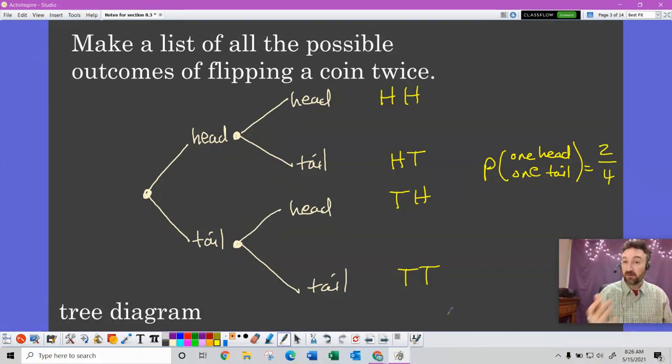What all that means is that if you were to take a coin and flip it twice, and then repeat that experiment lots and lots of times, and count how many times I got one head and one tail in those 2 flips, in the long run, the overall experimental probability would get close to or match a 2 in 4 probability.